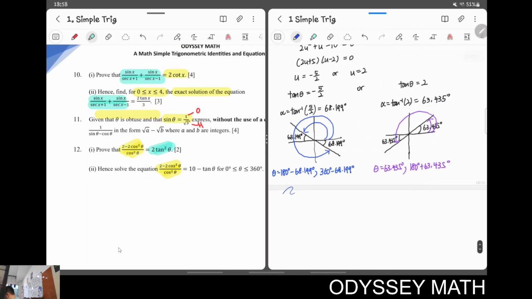Right, now we just simplify this. I need my calculator for this, give me a while. 180 minus 68.199, my answer would be 111.8 degrees, 1 dp. 360 minus 68.199, my answer will be 291.8 degrees, 1 dp.